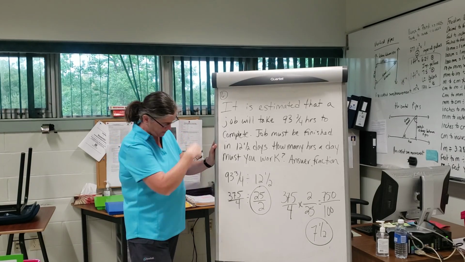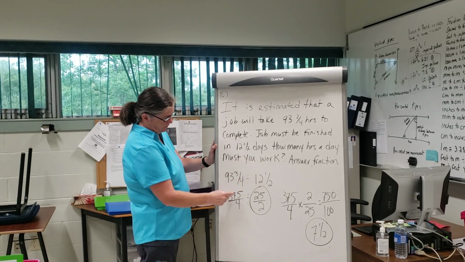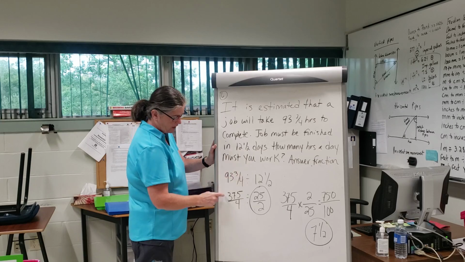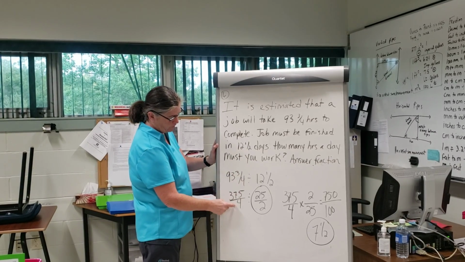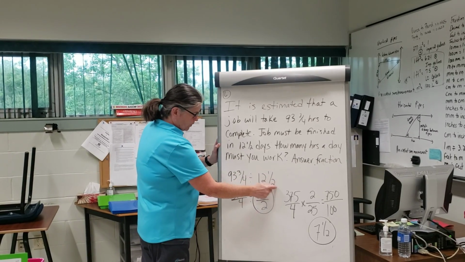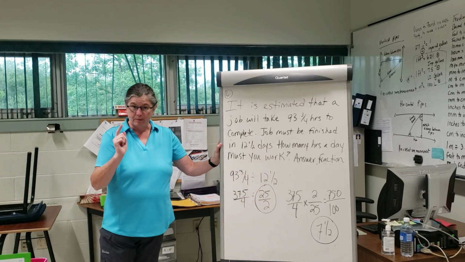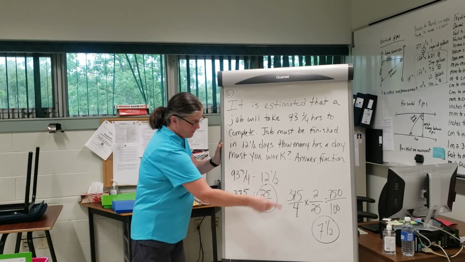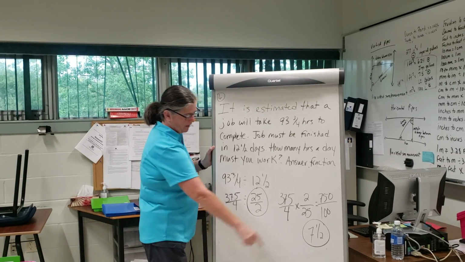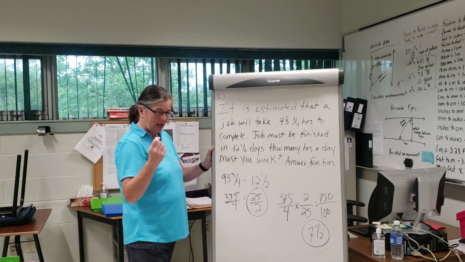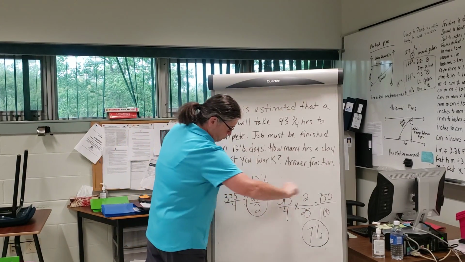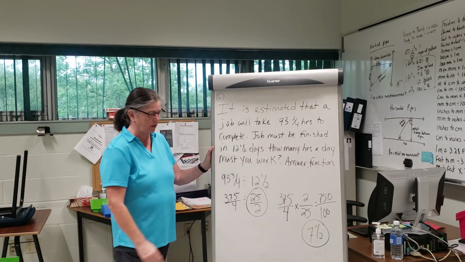First step, mixed numbers into improper. 4 times 93 plus 3, that's where I'm getting that number there, over 4. 12 1/2, 12 times 2 plus 1 is 25/2. Have to remember when we divide, right, we flip this second one over, we make it 2/5. When we do that, it sets up as multiplication. Boom, boom, we're ready to multiply straight across.